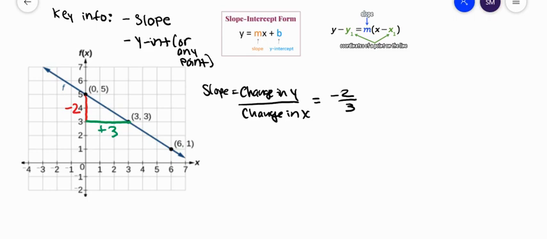Now at this point I can write an equation in point-slope form if I want, which is up on the right here. So remember, it's y minus y1 equals m times x minus x1, where m is our slope and x1 and y1 are coordinates of a point on the line. So I'm going to set up my equation.